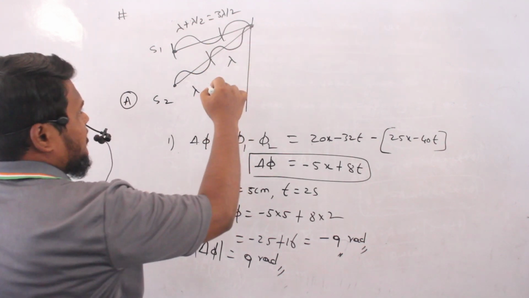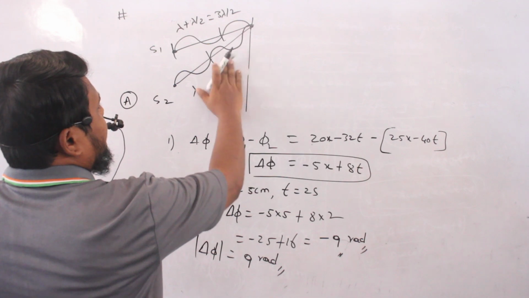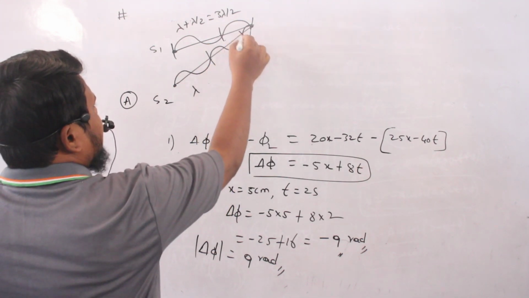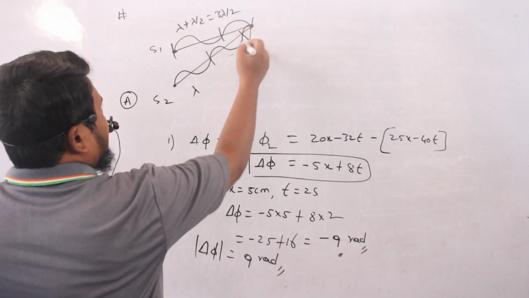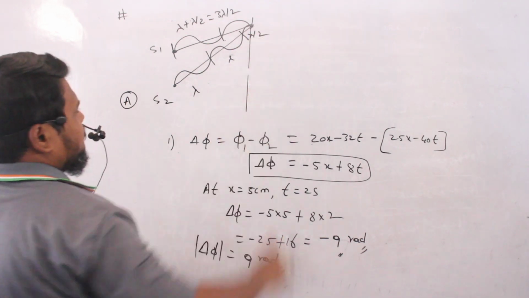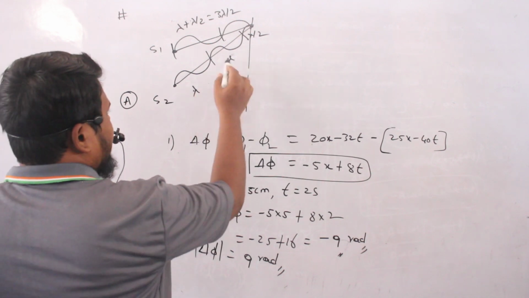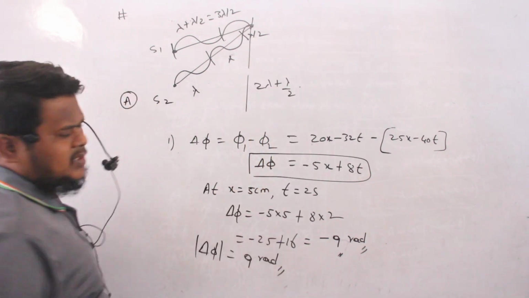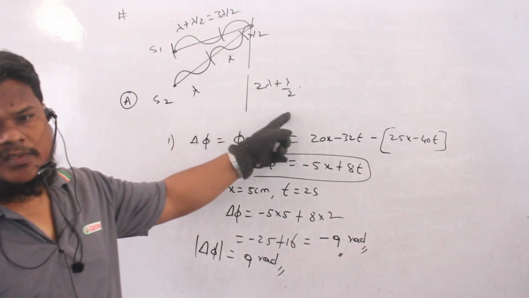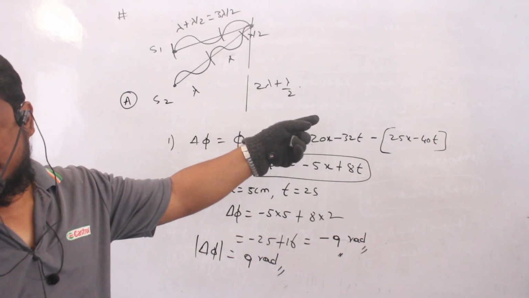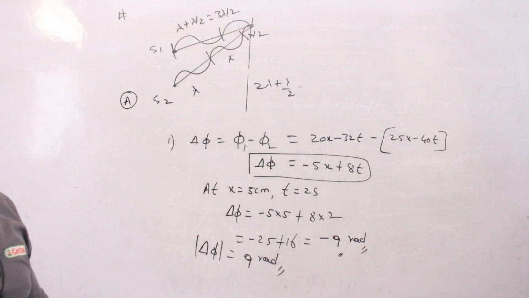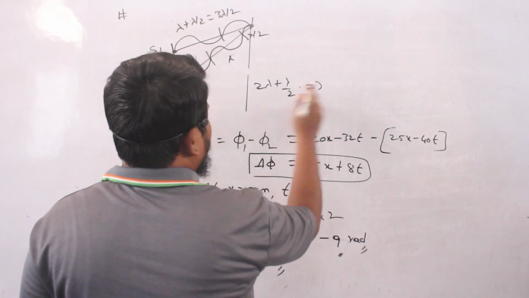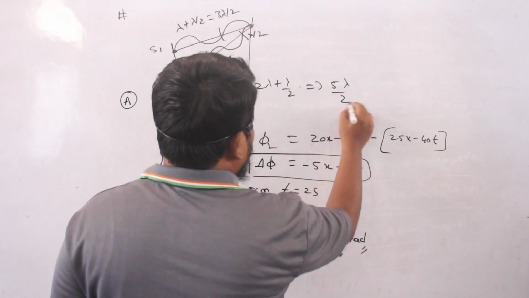And the second wave is lambda plus lambda plus lambda by 2. So 2 lambda plus lambda by 2 is equal to 5 lambda divided by 2.